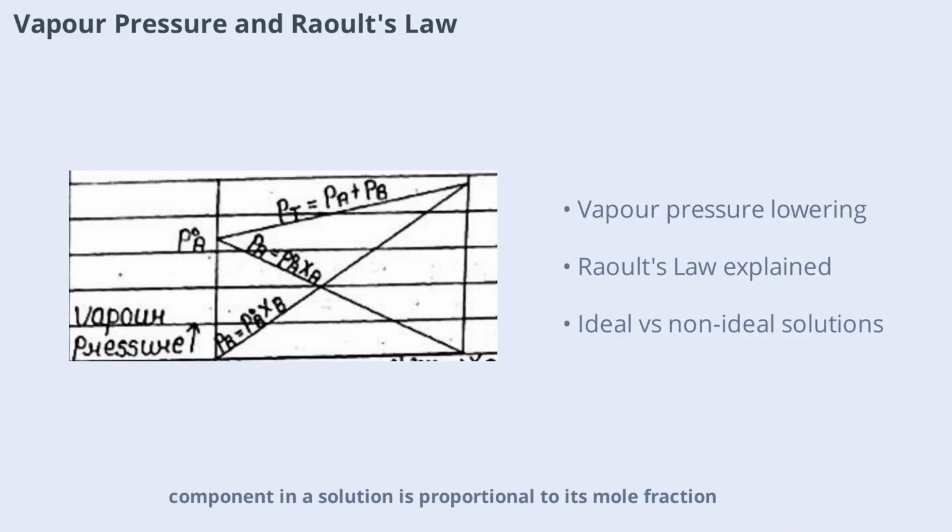For ideal solutions, this law holds perfectly, but real solutions often show deviations, positive or negative, depending on the interactions between components. These deviations can lead to interesting effects like azeotropes, mixtures that boil at a constant temperature. Understanding vapor pressure and Raoult's law is essential for fields like distillation and the beverage industry.